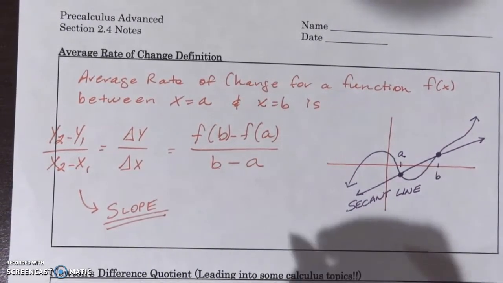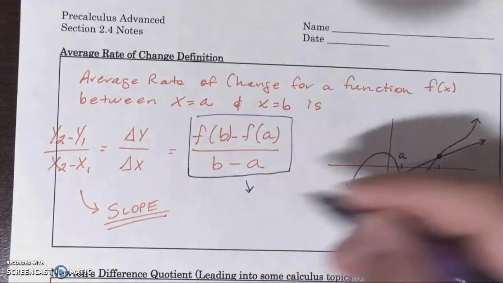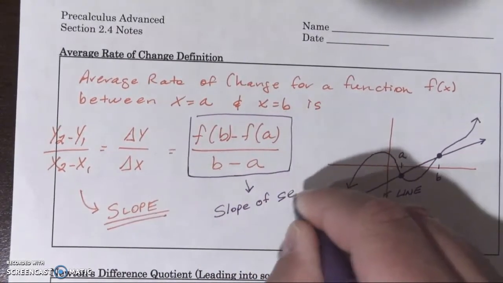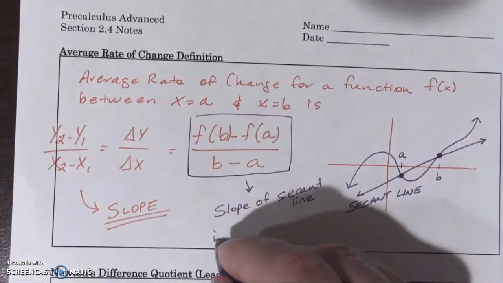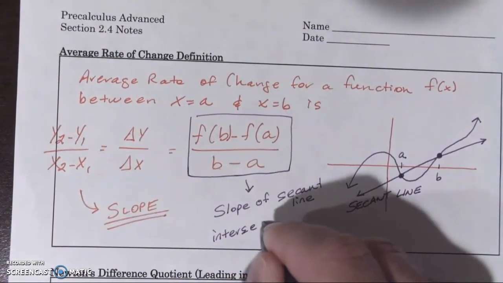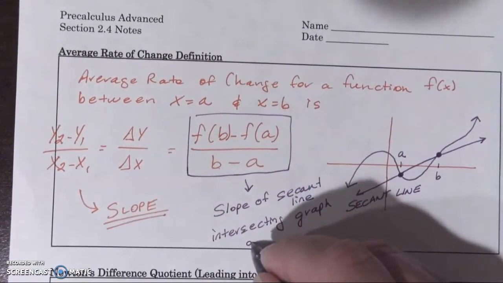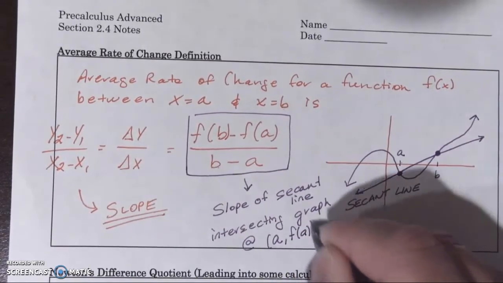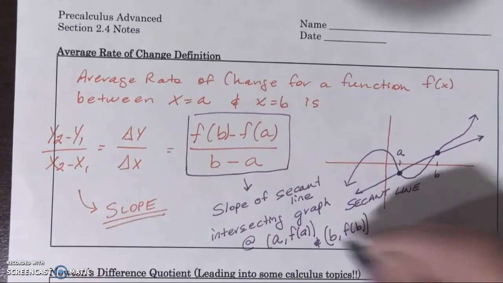The average rate of change is also this, but also we could define it as the slope of the secant line intersecting the graph at the points a, comma, f of a and b, comma, f of b. Right.